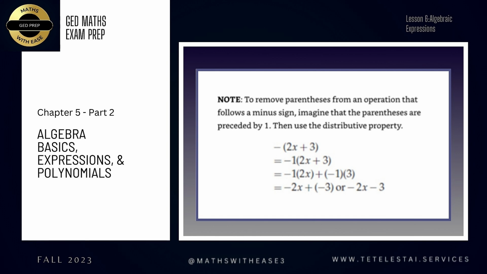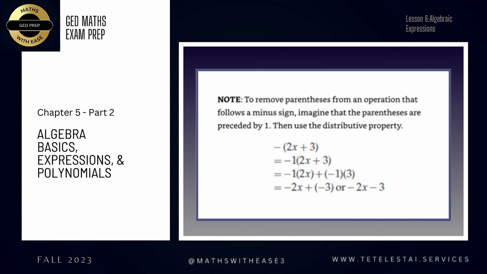And so we have to think back to our distributive property, because this is just telling you that this negative sign needs to be distributed into everything that's in these parentheses. And you can imagine that there's a 1 here, because that 1 is not going to change the value of anything inside the parentheses, right? It just makes it easy for you to kind of keep track of what's going on with the negative sign.